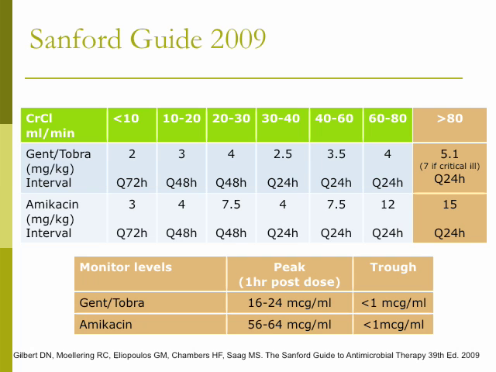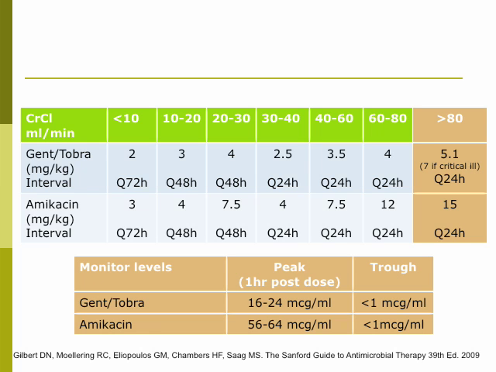This is out of the Sanford guide for the once daily recommendations, and they don't really use the Hartford, they don't really use the Barnes-Jewish nomogram, they kind of have a melded approach to this. So basically what they're doing is, for patients with a normal creatinine clearance of 80, they're recommending about 5.1 or 5 milligrams per kilo, and you give it every 24 hours.